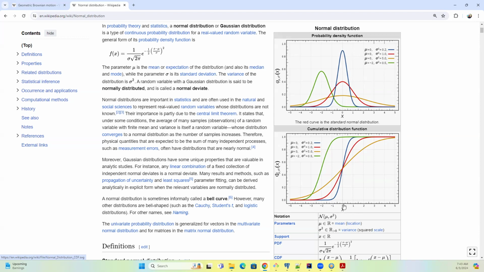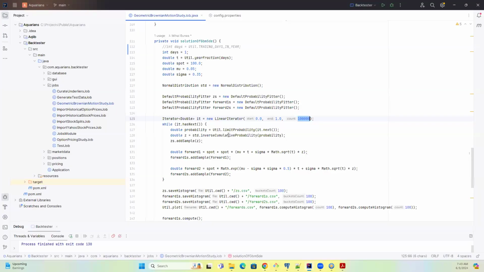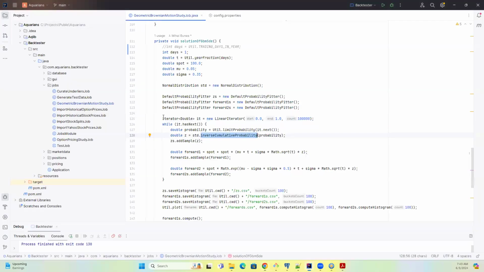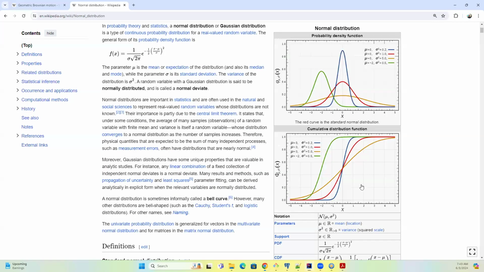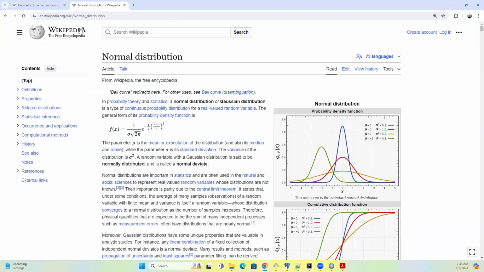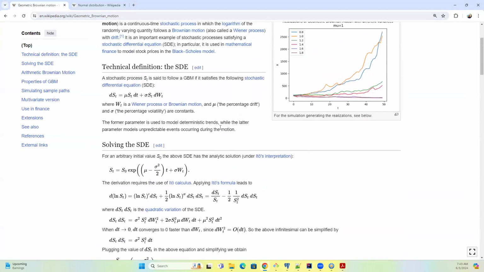Well, x is 0. So we have this inverse cumulative probability function, which is provided by some math package. In this way, we generate in a deterministic way the values of the random variable z, as I've denoted here.